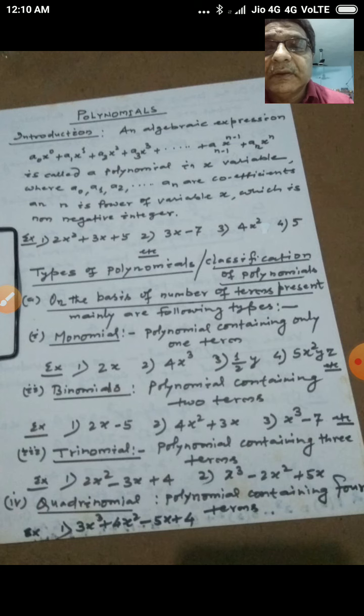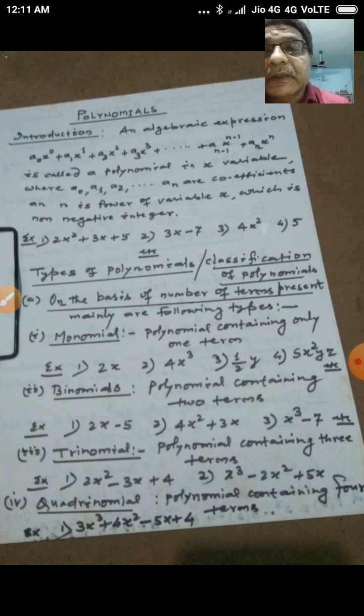That is, a2, a3, ..., an all are 0, then all those terms will become 0. Now only two terms are there, that is a0 x^0 plus a1 x^1.